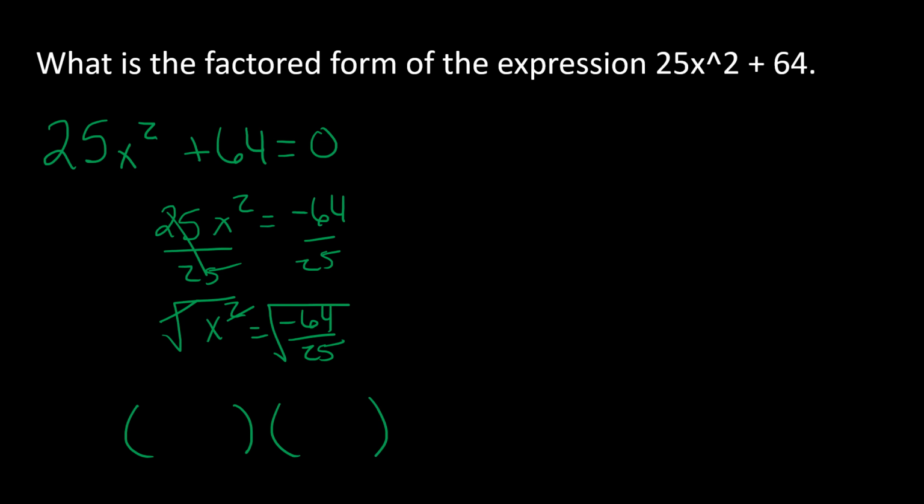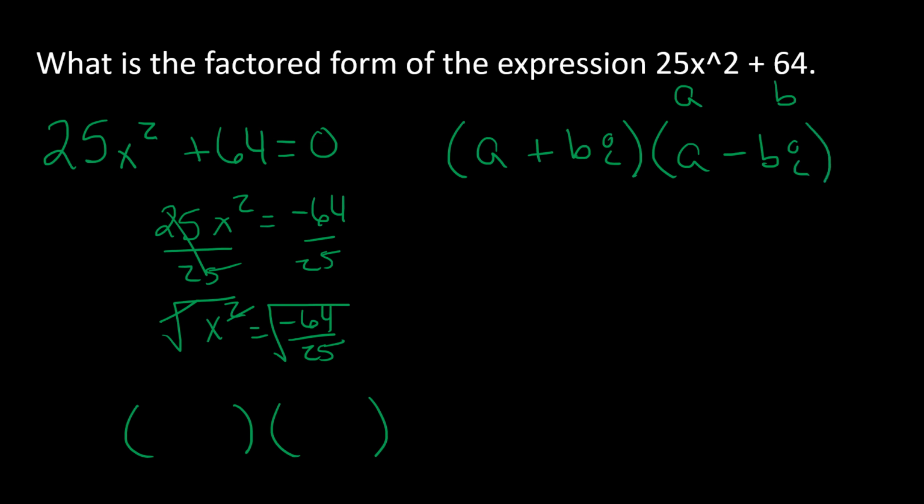So what we had to do is we had to identify our a and our b. And we use the equation a plus bi times a minus bi.